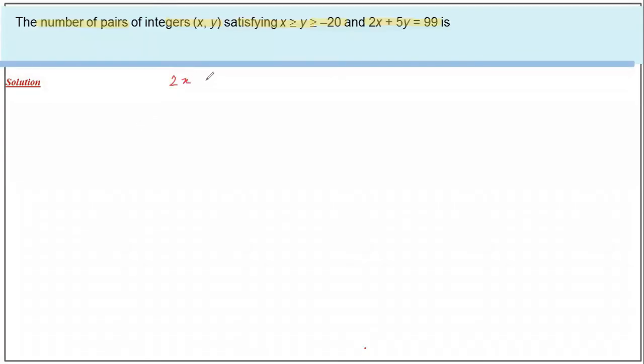So we have 2x plus 5y, that is equal to 99, or x equal to 49 plus (1 minus 5y) by 2. Now we have to check the values for y for which this part is divisible by 2.